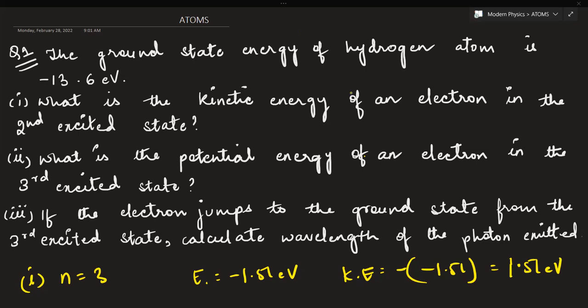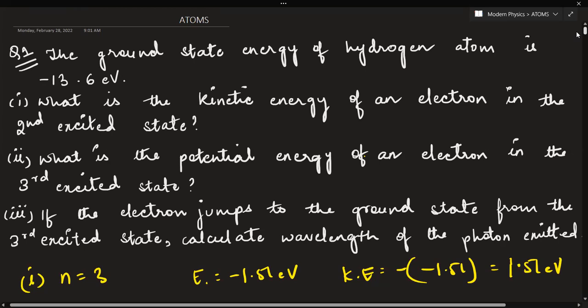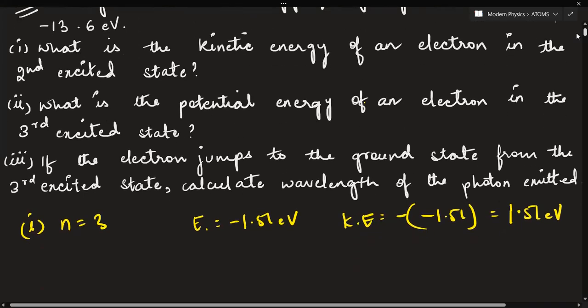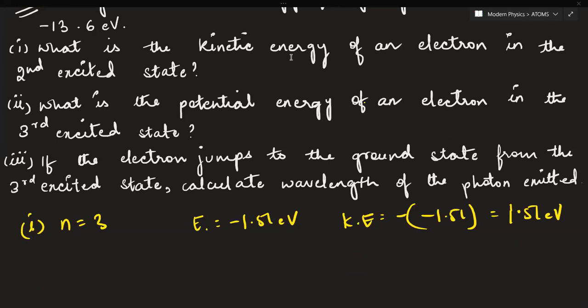What is the potential energy of an electron in the third excited state? Huzaifa, third excited state. What should I consider N? Huzaifa Ahmed. Fatima, correct. Huzaifa, no answer from Huzaifa. Zain, correct. Hamza, correct.